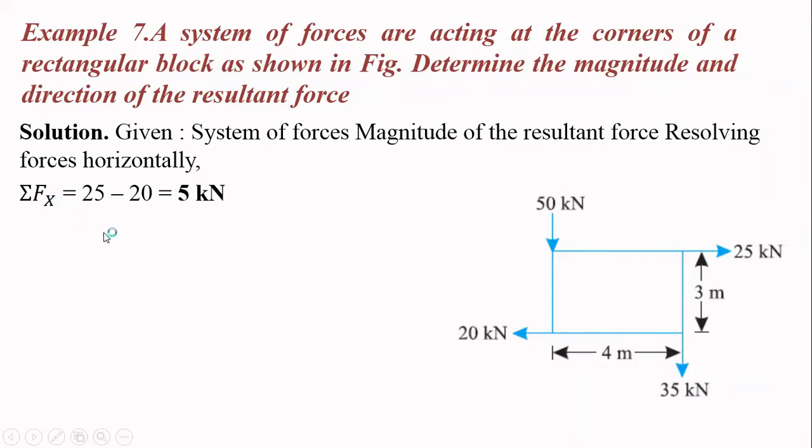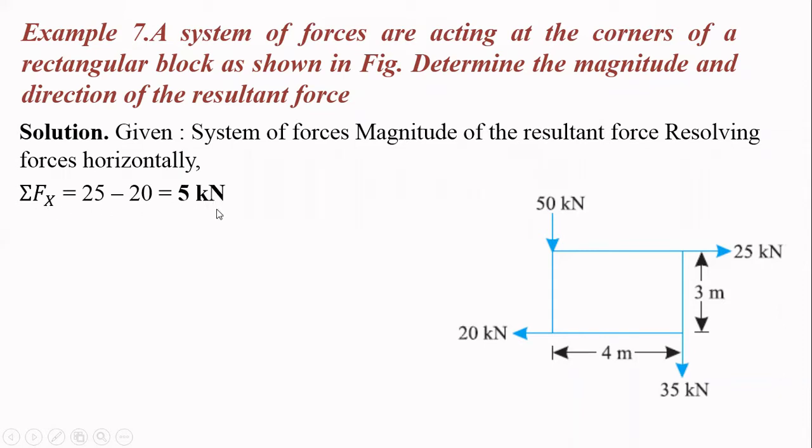In this figure, this 25 kilonewton force is going to the right side, that's why it is taken as positive. This 20 kilonewton force is going to the left side, that's why it is taken as negative. The summation of these two will be 5. Summation Fx is 5 kilonewton.